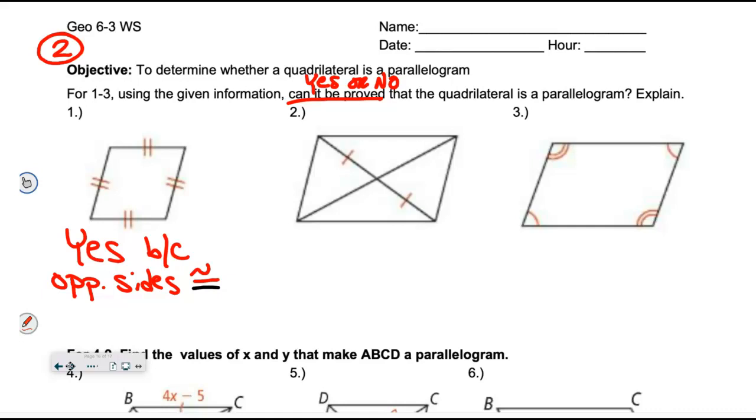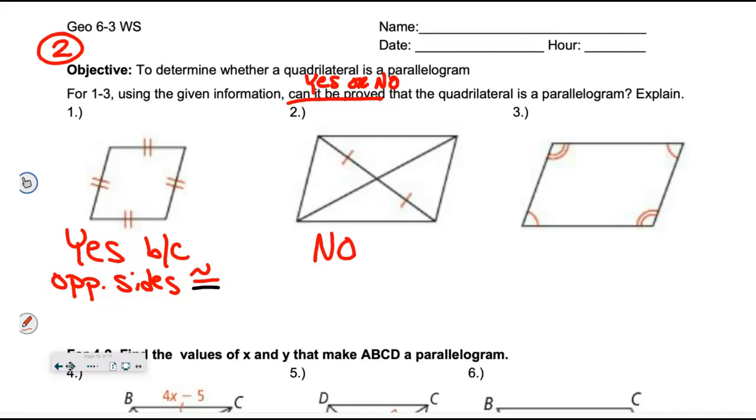All right, so and you're shaking your head no. Number 2, is that the sides, the angles, or the diagonals? Diagonals, right? The diagonals have to bisect each other. Is that what those markings are showing? No. It's showing only one of them got cut in half, correct? So you're going to say no. But again, you have to tell me what it is about the markings that's the no. Are you doing it with me?